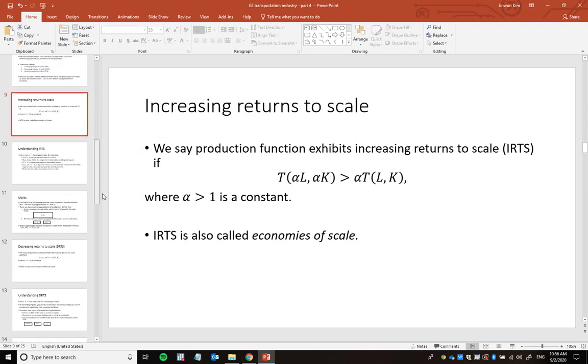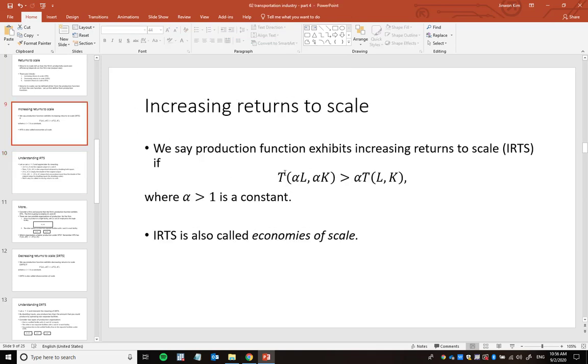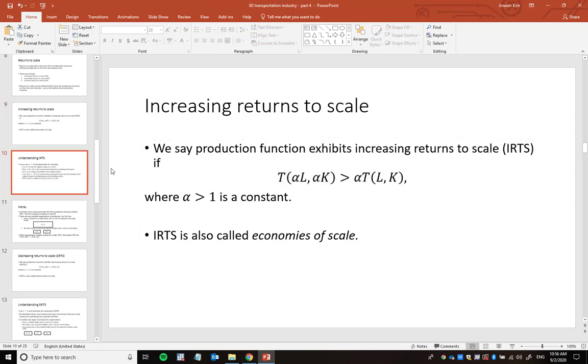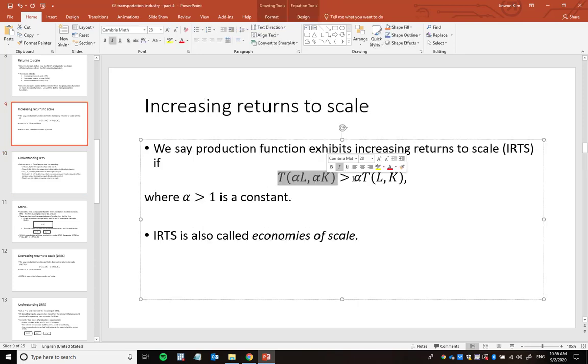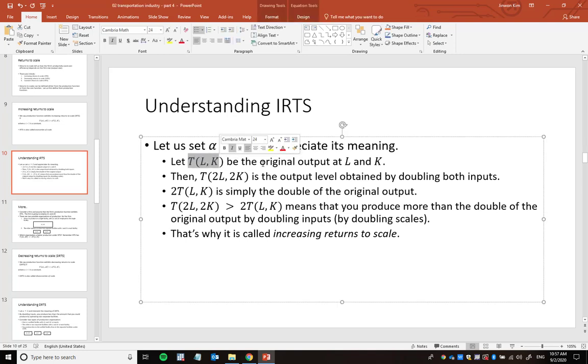What's the intuition behind increasing returns to scale? It should hold for any constant number that's greater than 1. Let's just use alpha of 2 to appreciate its meaning. Just by plugging in alpha of 2, we can understand what this expression means. Let's first look at this original production function, which is the original output produced by employing L units of labor and K units of capital.